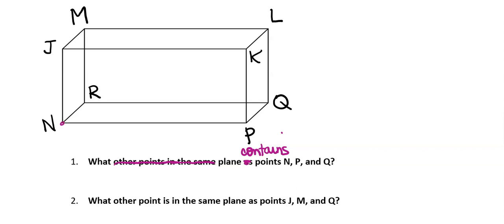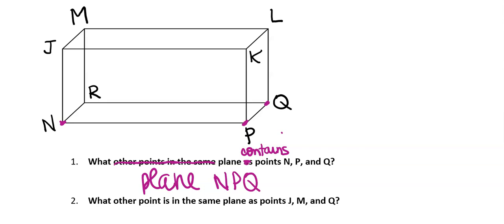So point N, point P, point Q. What plane contains points N, P, and Q? Well, the easiest way to say this is plane NPQ. Why not use those same letters?